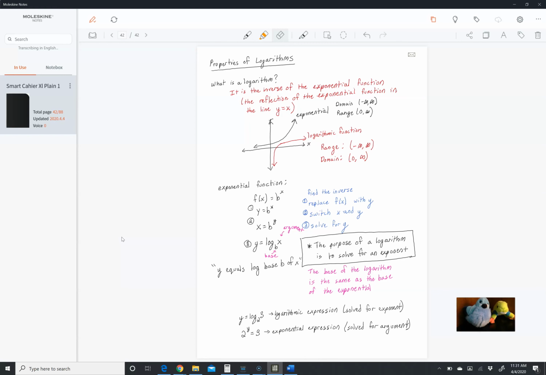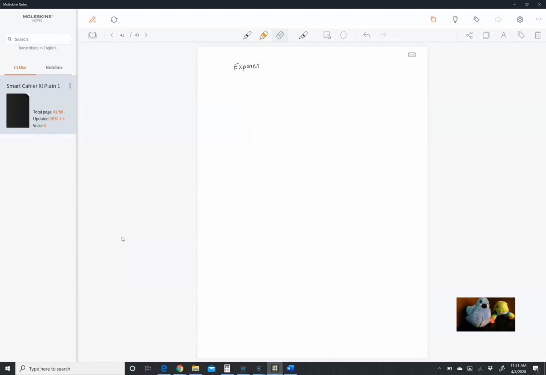And in our table, we're going to have our exponential expression. And then we're going to have the equivalent logarithmic expression. And sometimes I'll give you the exponential, and sometimes I'll give you the logarithmic. And all I want you to do is each time, just pause the video and try doing this on your own.